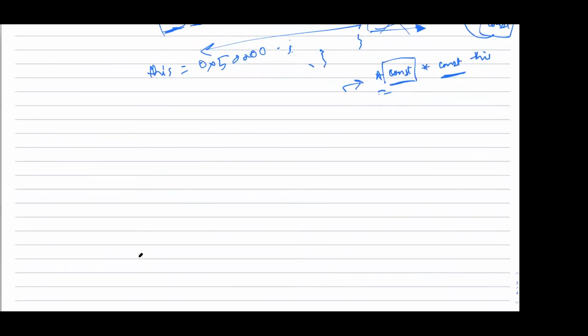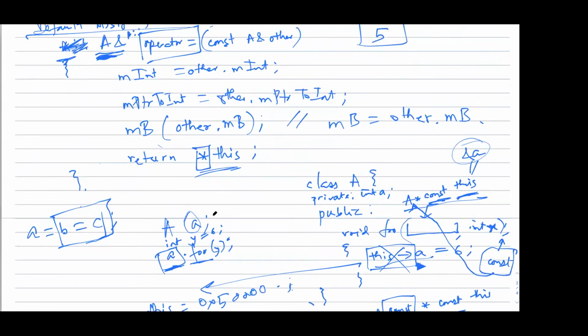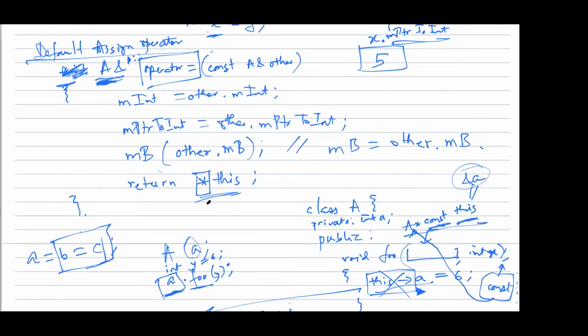I have a question. If you're returning the dereferenced value, why is it an ampersand? Isn't that an address? Remember, this is a reference. This is not an address. It is very contextual. When the ampersand follows a type, that's a reference.